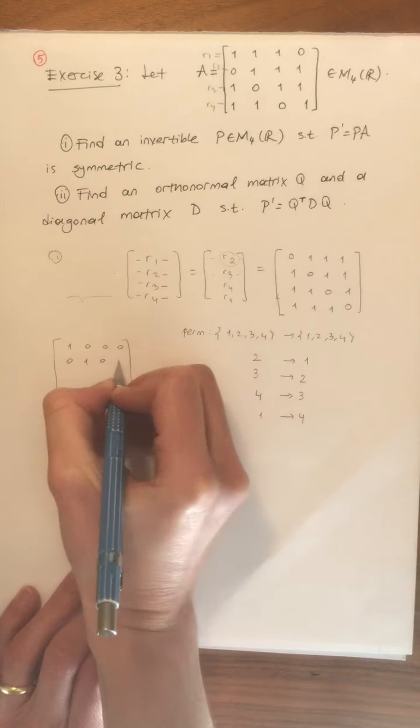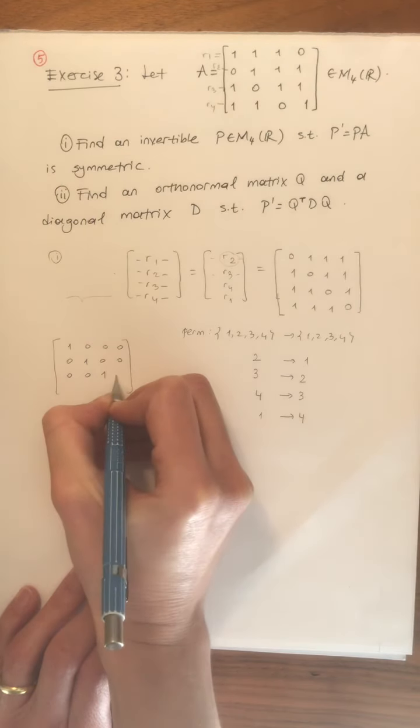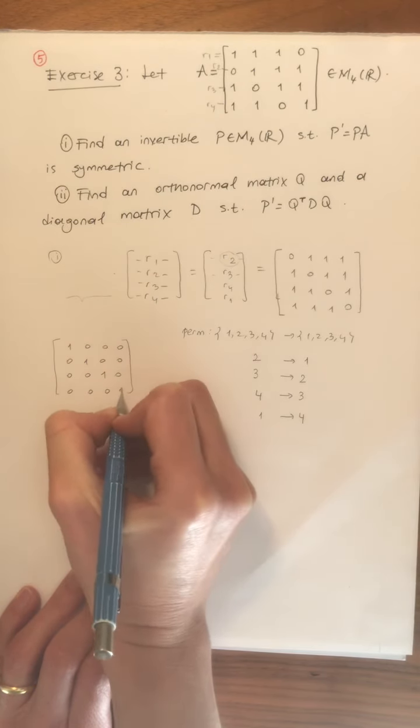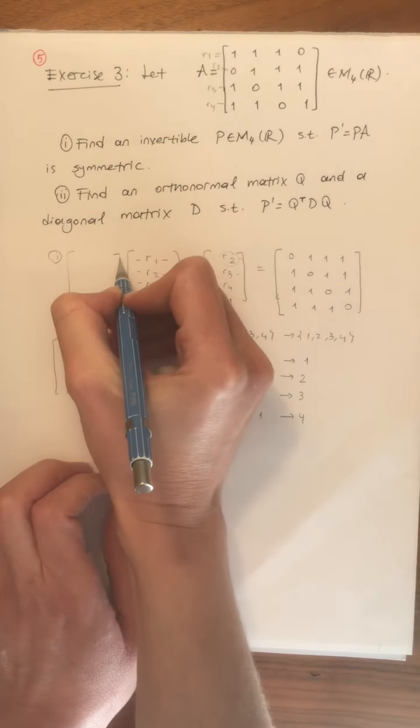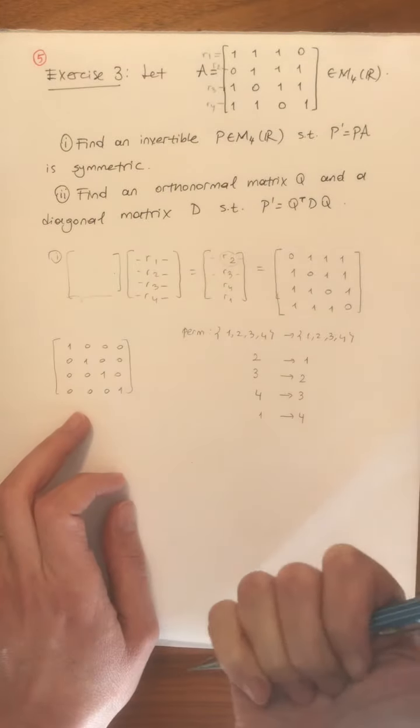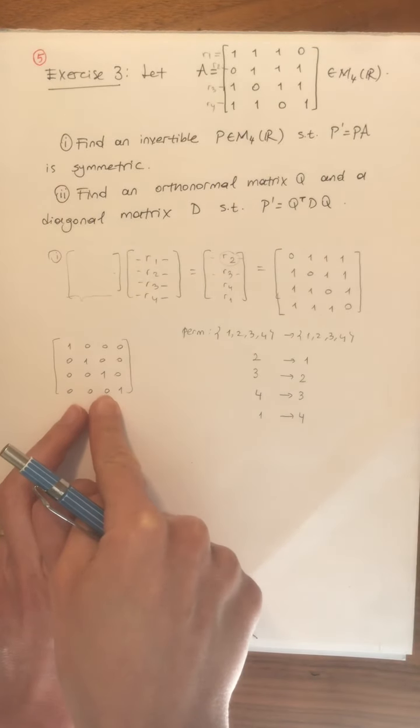So to obtain an invertible matrix P, we can simply consider the same permutation on the identity matrix.